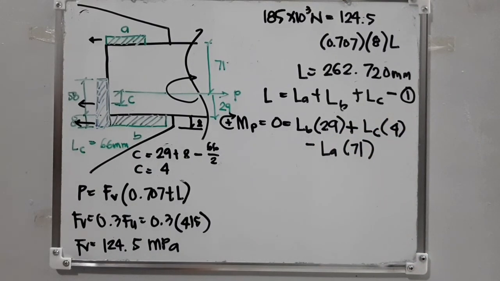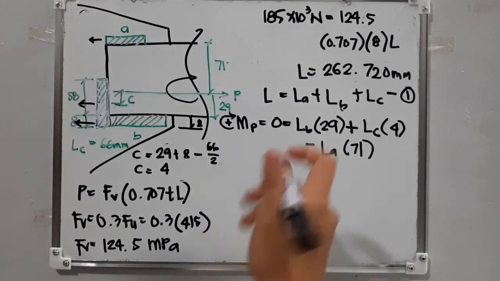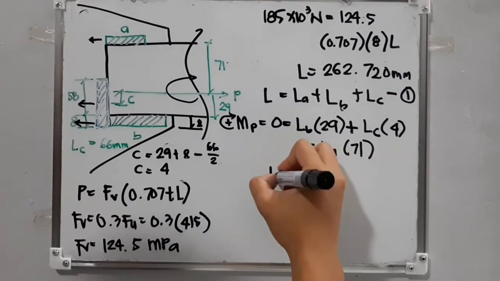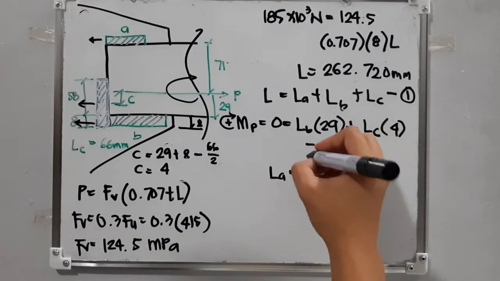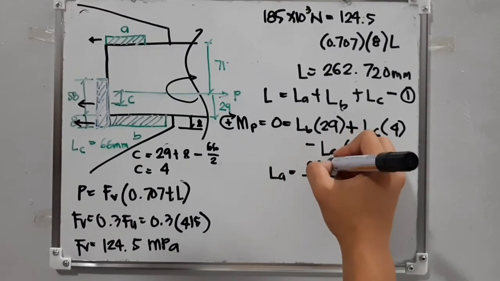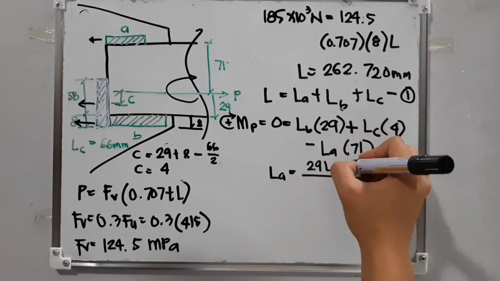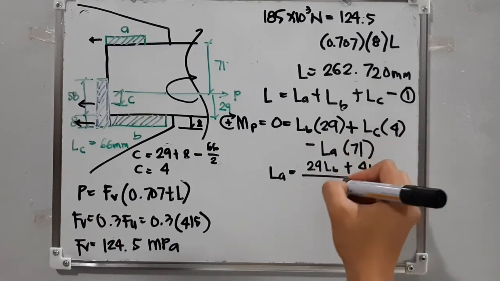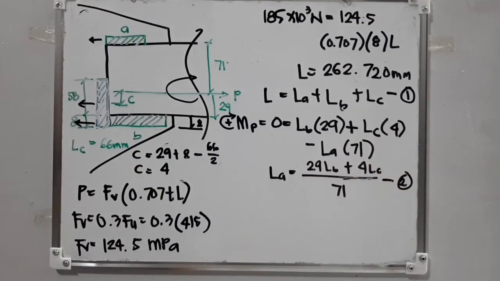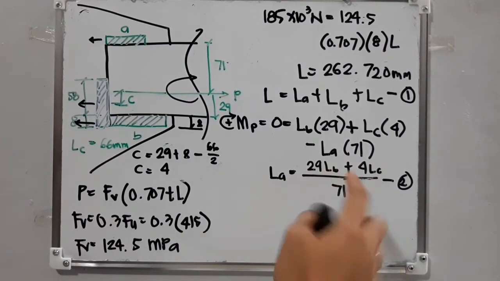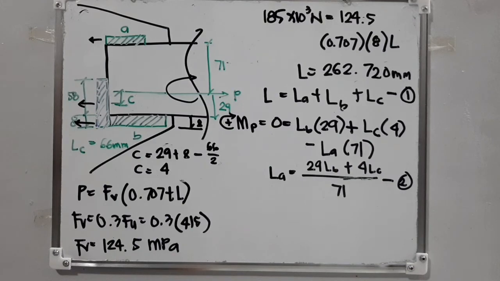Therefore, we can have the value of LA equal to 29 times the length of B plus 4 times the length of C, over 71. And this is your equation 2. So we can reduce our unknowns into one unknown, having LA in terms of LB and LC.